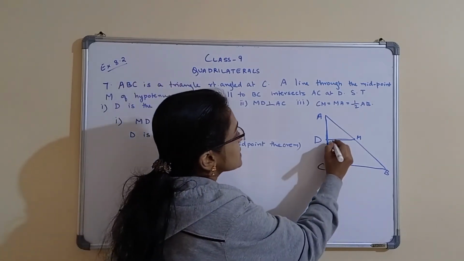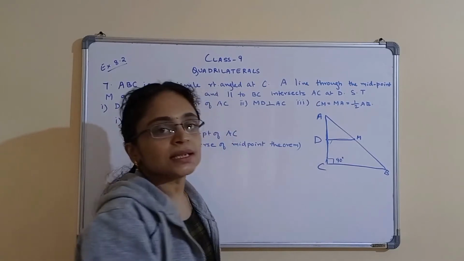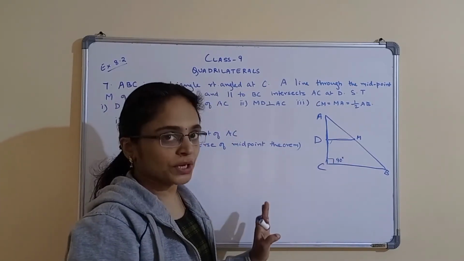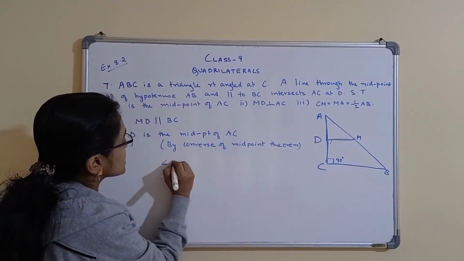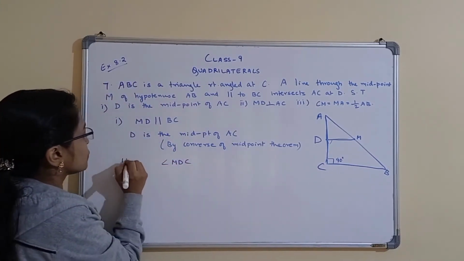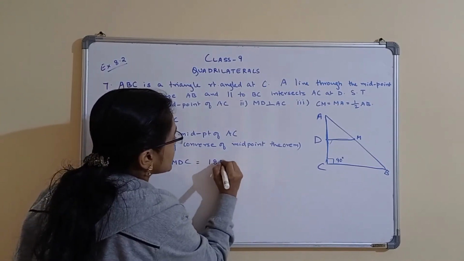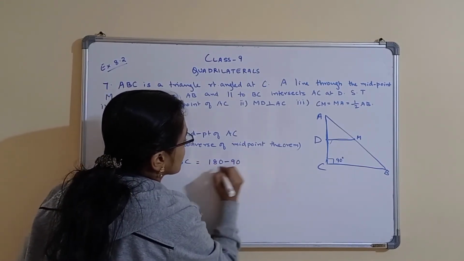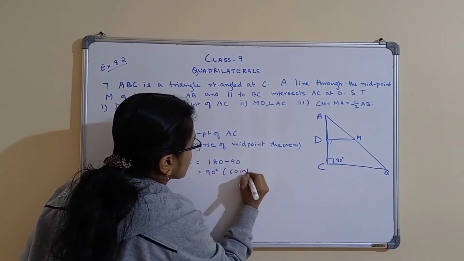So these two are co-interior angles. This angle MDC and angle C are co-interior angles, which means this angle MDC is equal to 180 minus 90, which is equal to 90 degree because co-interior angles.